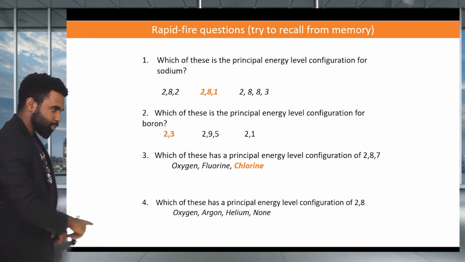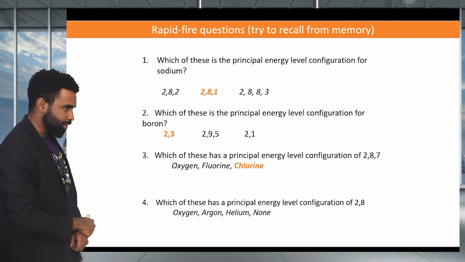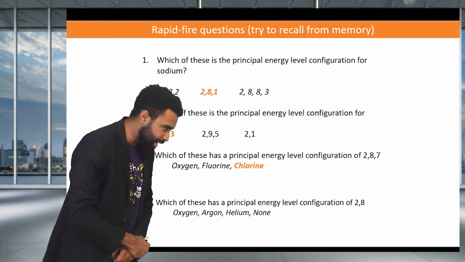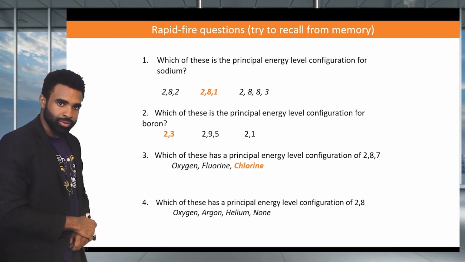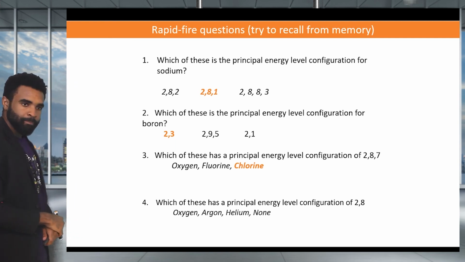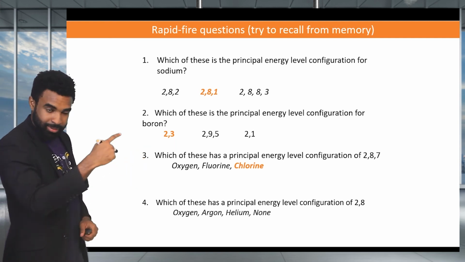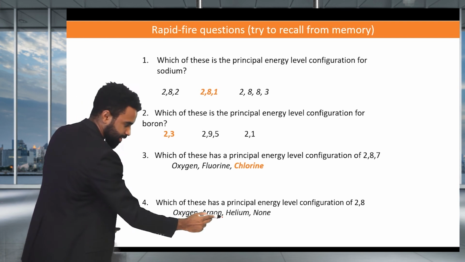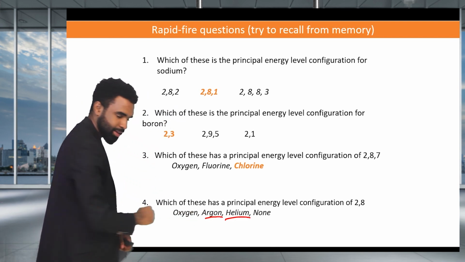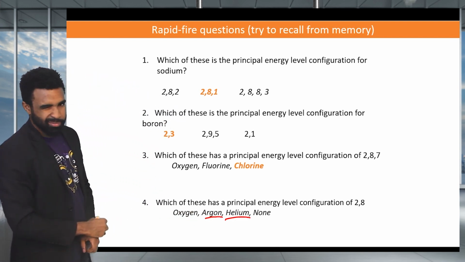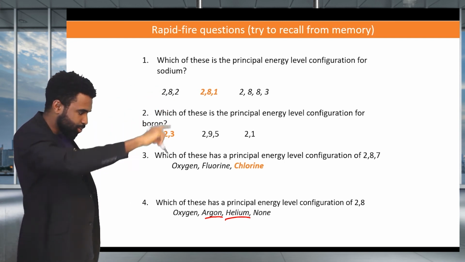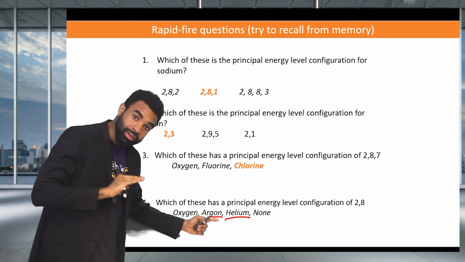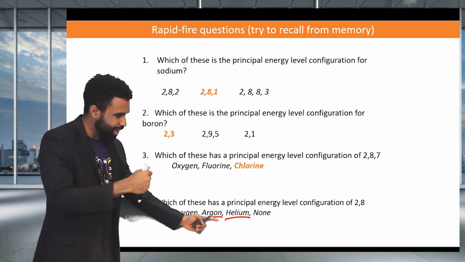Last but not least, which of these has a principal energy level configuration of 2, 8? Pause the video. Think about it. 2, 8, that means it must be a noble gas, right? So probably it's argon or helium. Is it helium? No, helium is the first one, so that would just be 2. Is it argon? No, argon is in period 3, so that would be 2, 8, 8.